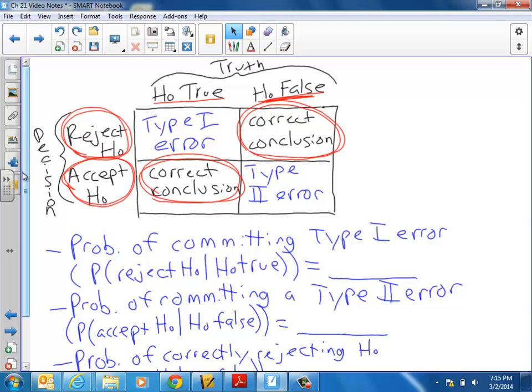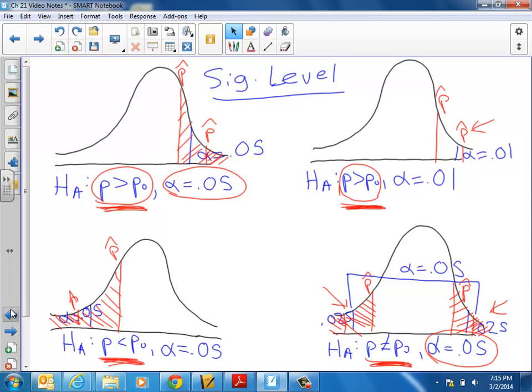But here in blue, you've got the two big errors that we can make in hypothesis testing. A type 1 error occurs when the null hypothesis is true. The defendant's argument is actually legit, but we reject the null hypothesis anyway. Looking back to last slide, check out the first bell curve here.